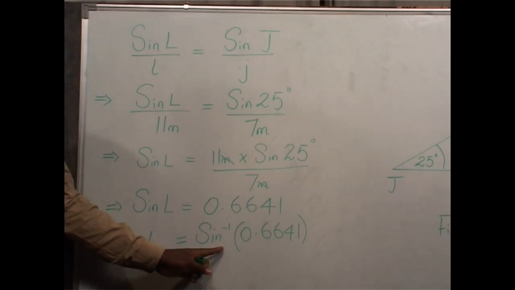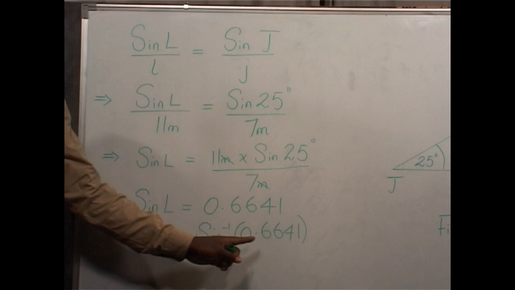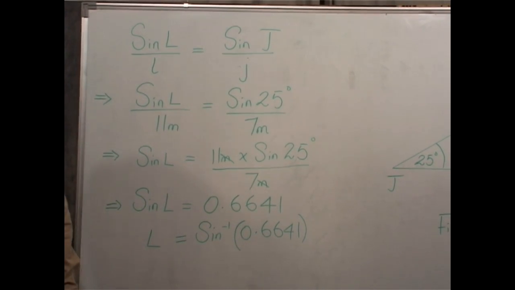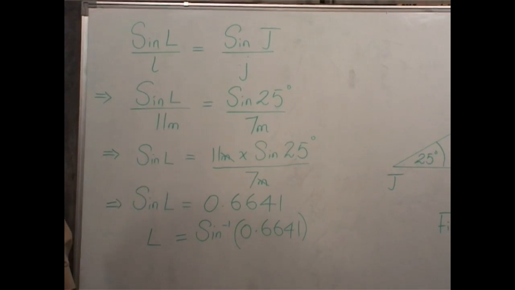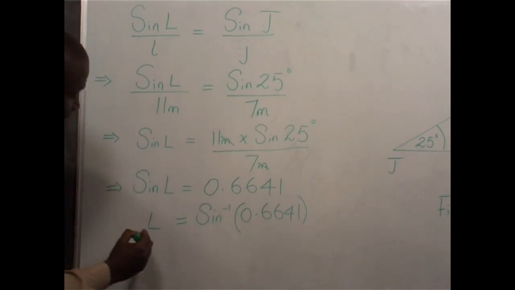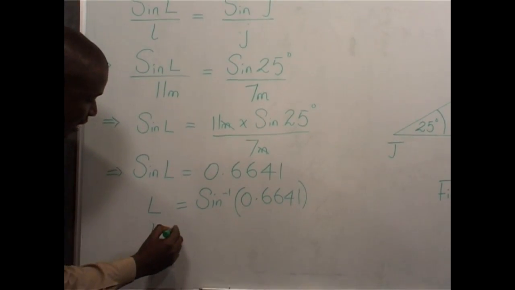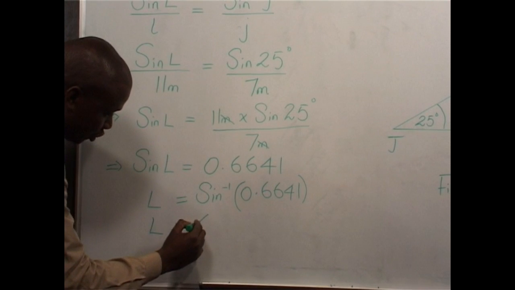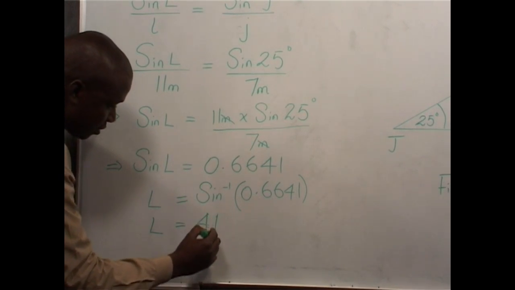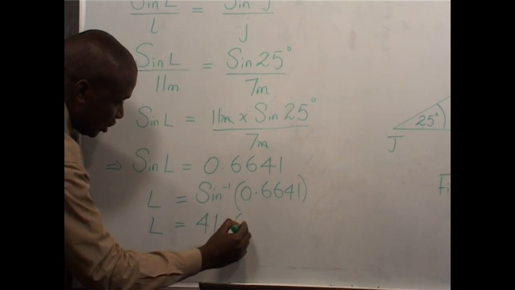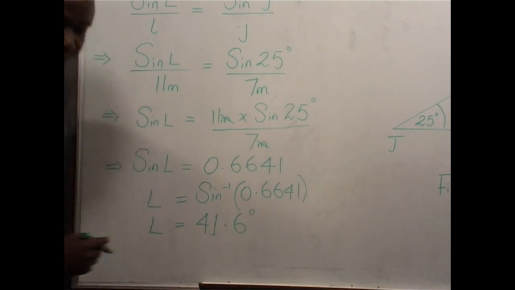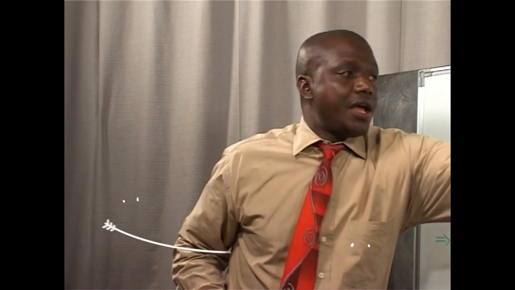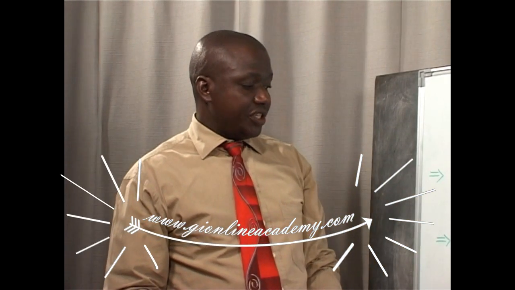Using your calculators, the sine inverse of 0.6641 should have given you the angle L as 41.6 degrees. So, we have managed to find the angle at L as 41.6 degrees.